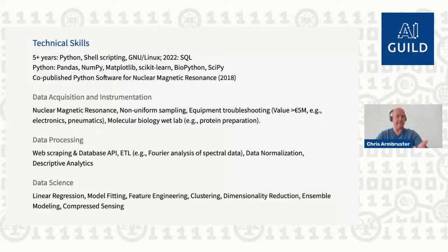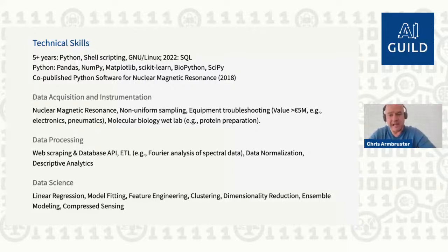So if you then go in, I'm now going to go into the line around data science. It says linear regression, model fitting, feature engineering, clustering, dimensionality reduction, and so on. So you actually see that these are some of the basics of data science that this data analyst also can do.